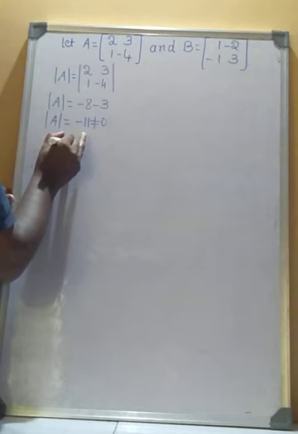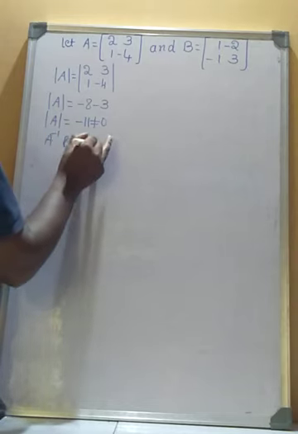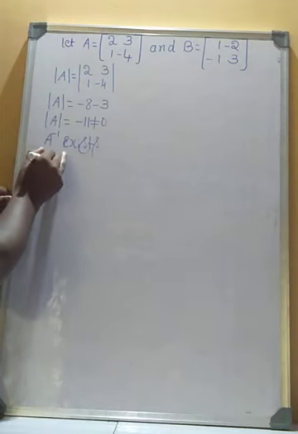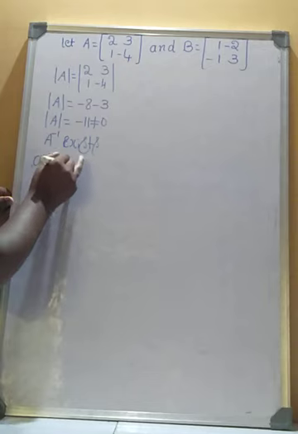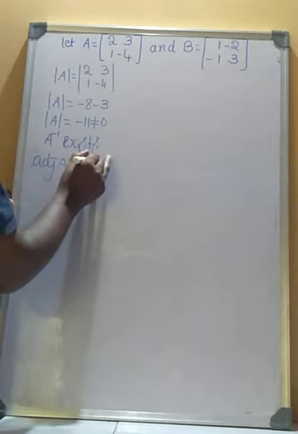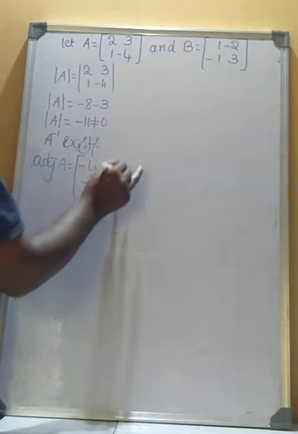Therefore, A inverse exists. The next, find adjoint A. Adjoint A is [-4, -3; -1, 2].